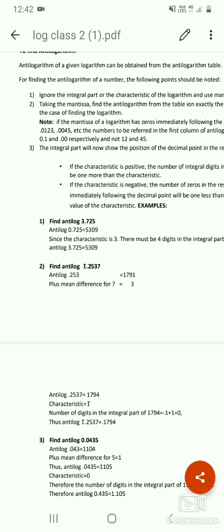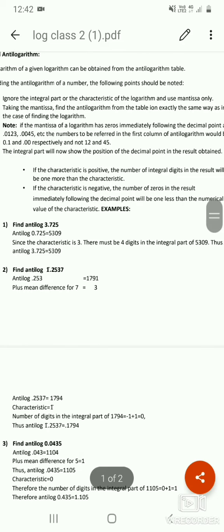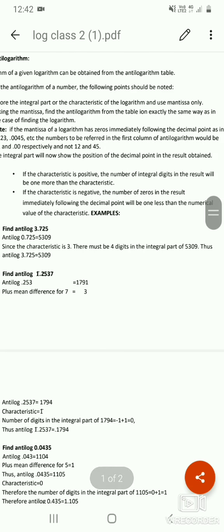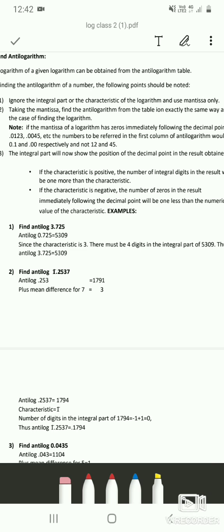So now let's see the characteristic part. Here the characteristic is 3, that is positive, so there must be 4 digits in the integral part. That is, the result should have 1 more digit than the characteristic. Therefore the antilog of 3.725 is 5309.